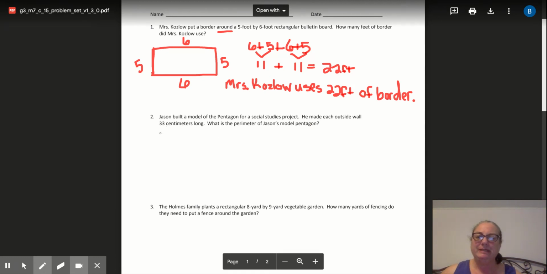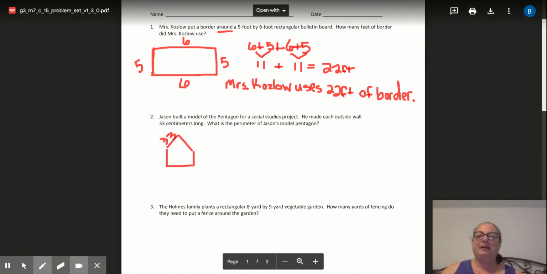Okay, number 2. Jason built a model of the Pentagon for a social studies project. He made each outside wall 33 centimeters long. What is the perimeter of Jason's model Pentagon? So Pentagon has 5 sides. Okay, they're each 33.